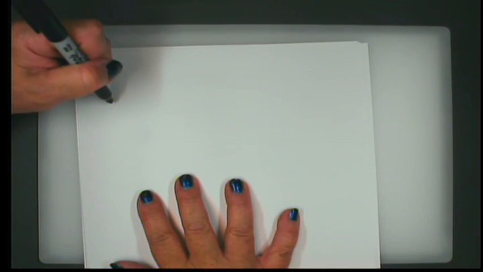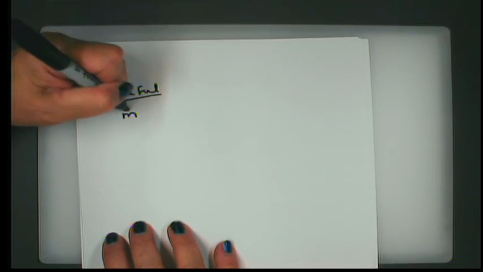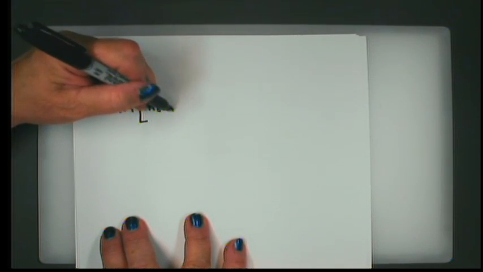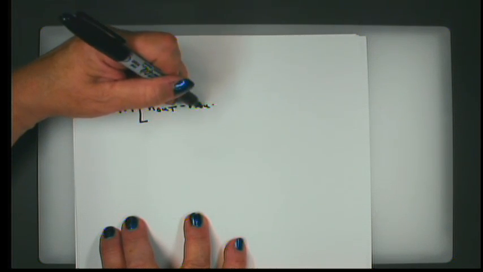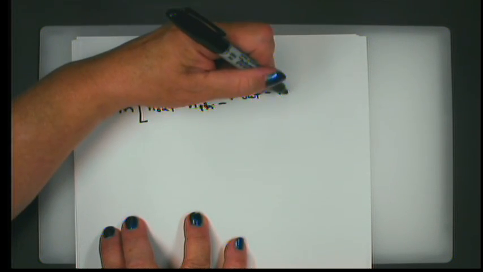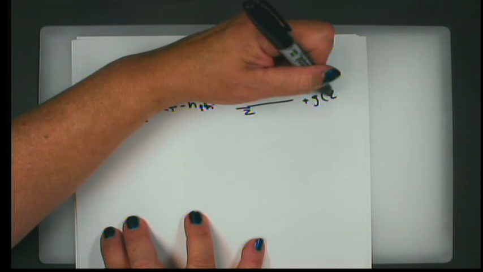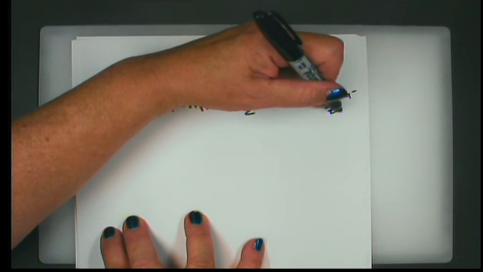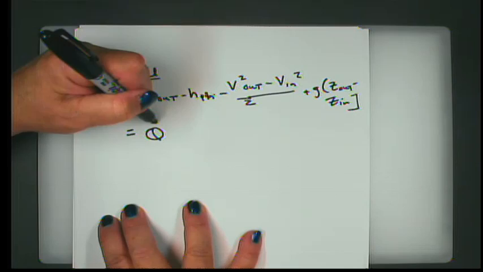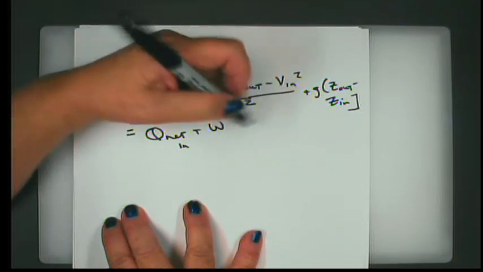The most useful form of the equation at this point is going to be, if we take a mass flow rate and we multiply it by the terms associated with the fluid, enthalpy out minus enthalpy in, velocity out squared minus velocity in squared over 2, plus g times the elevation on the outlet minus the elevation on the inlet. It's going to equal what we add or subtract in terms of heat and rate of work or power.